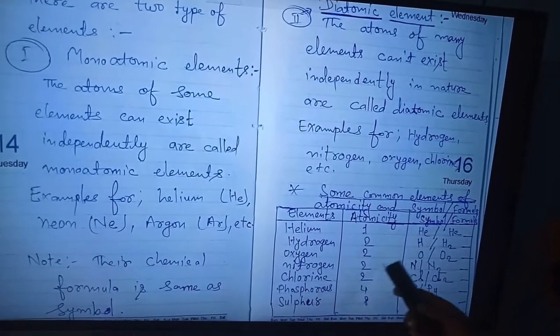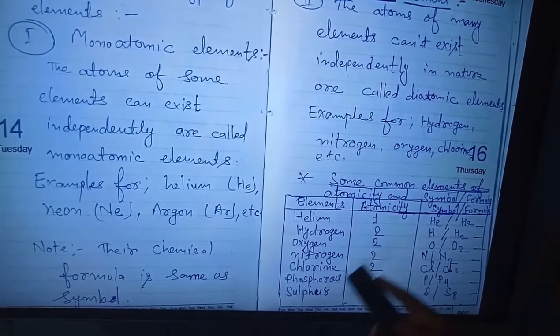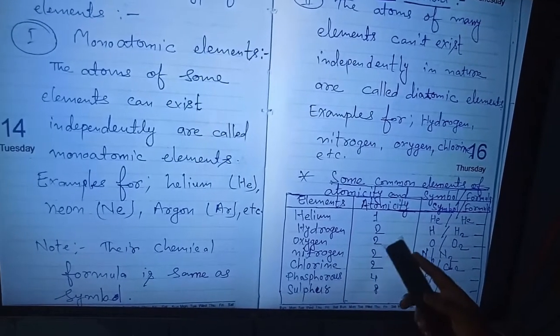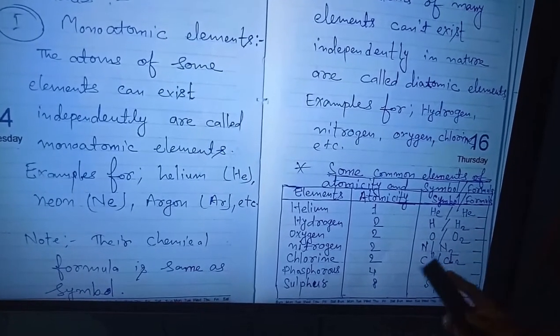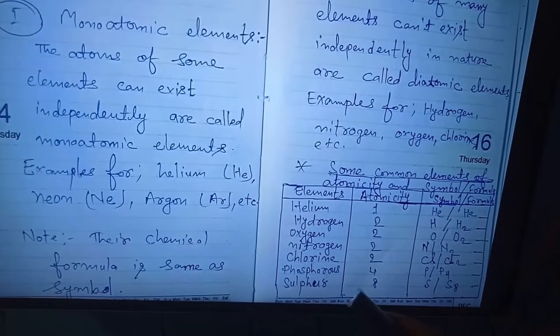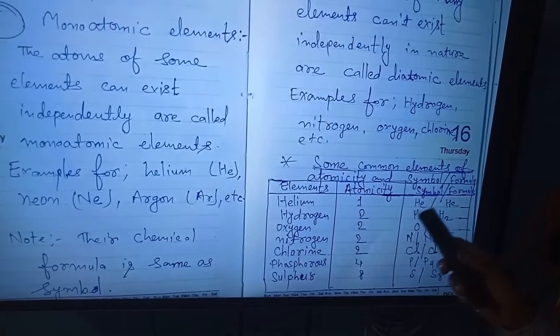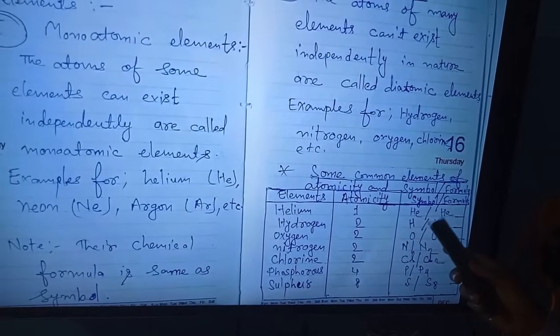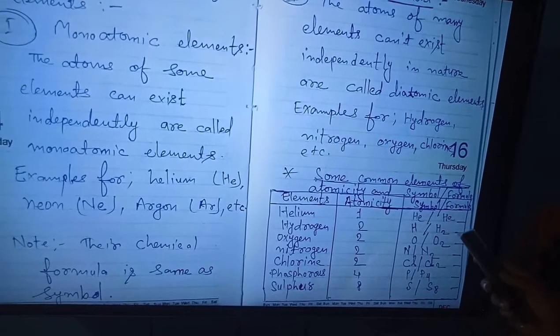We go through this table in which there are different elements with atomicity, symbols, and formulas written one by one. We will read here. Helium, atomicity 1, symbol He, formula He.